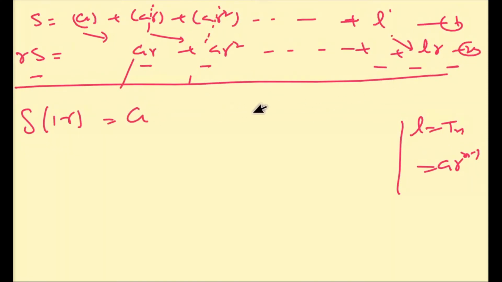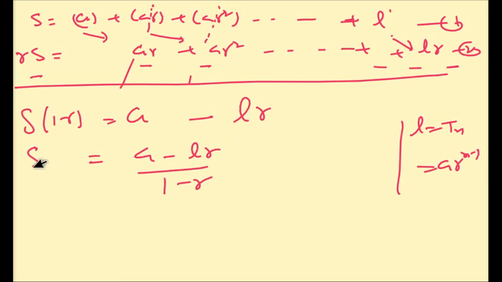So we write S equal to (a minus lr) upon (1 minus r).